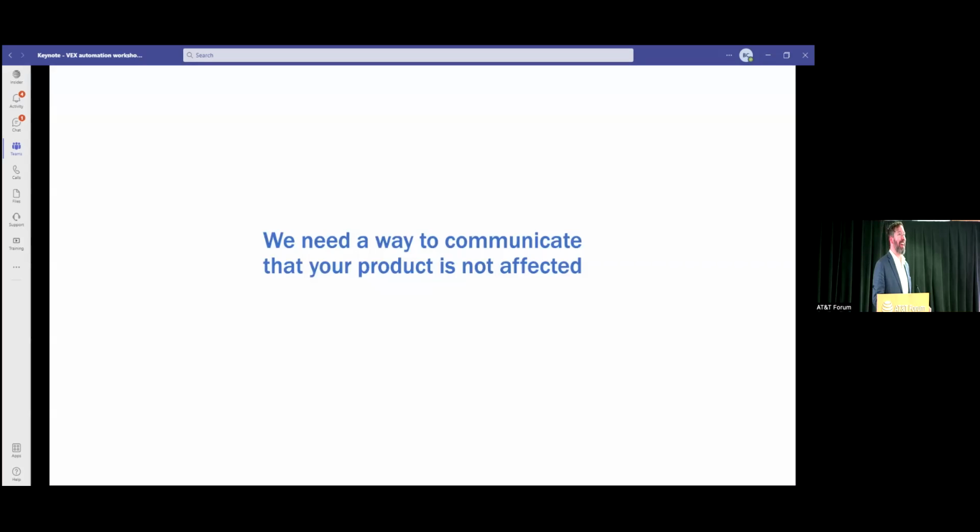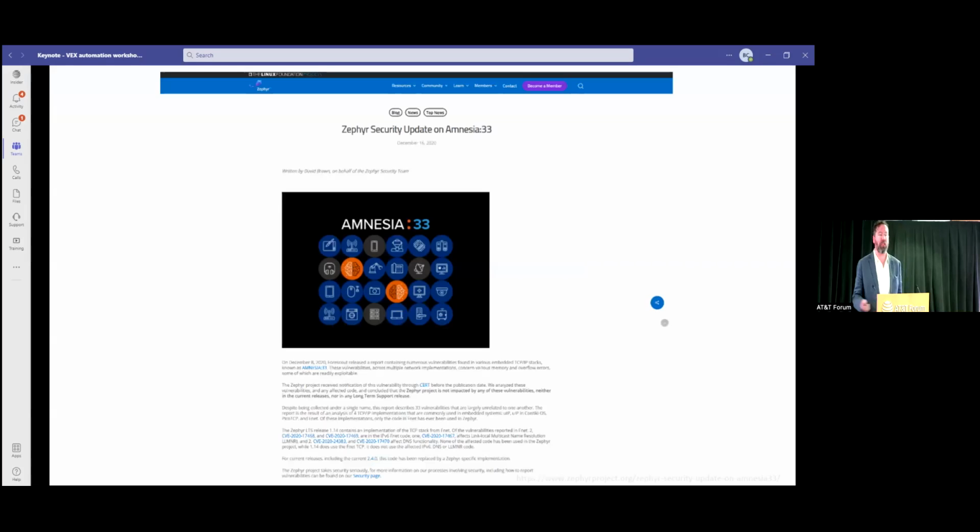So we need a way to communicate whether or not a given system, a given piece of software, is affected. For example, the older vulnerability from a couple of years ago, Amnesia 33, buried deep in a TCP stack. It turns out you can do all sorts of magical things through this set of vulnerabilities that were discovered by a research team, an Israeli startup that was working with Forescout.